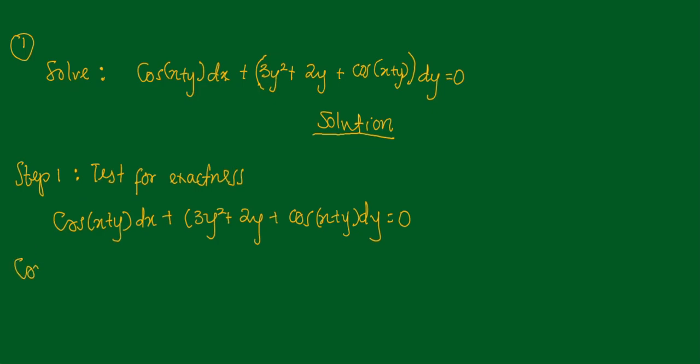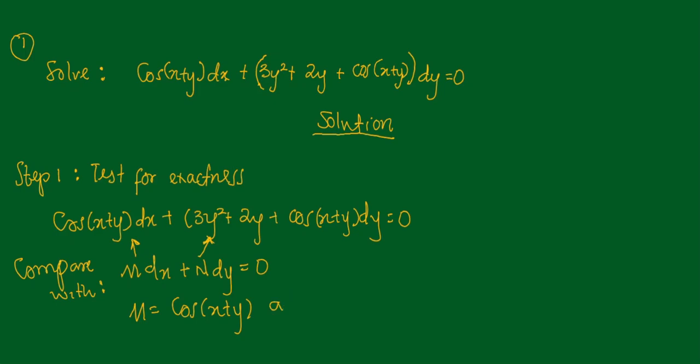If we compare this with the general form of an exact differential equation, which is M dx + N dy = 0, we have that our M and N are given by these arrows. So our M now becomes cos x + y, and our N is 3y² + 2y + cos x + y.